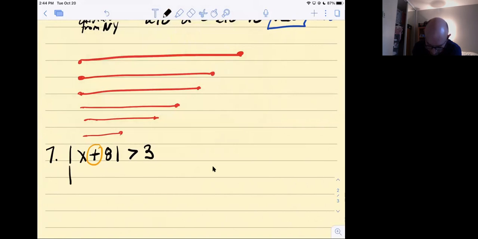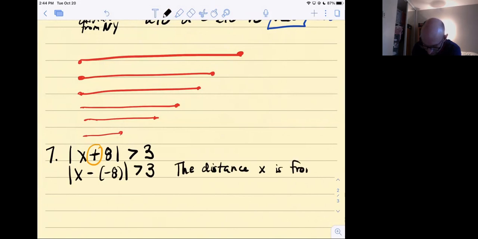So it's x minus -8 is greater than 3. So the distance x is from -8 is greater than 3.